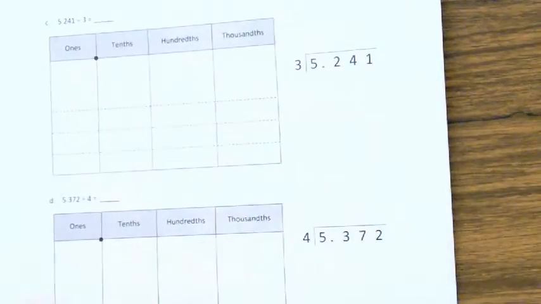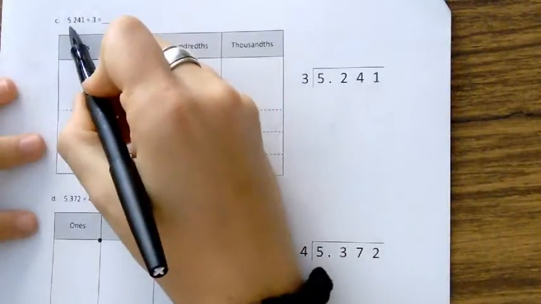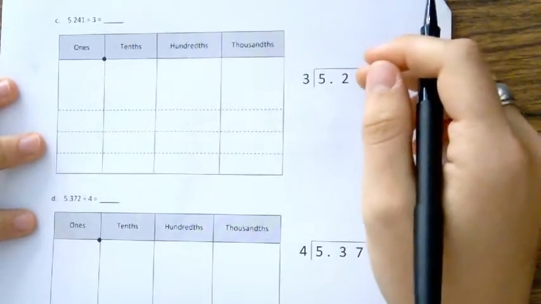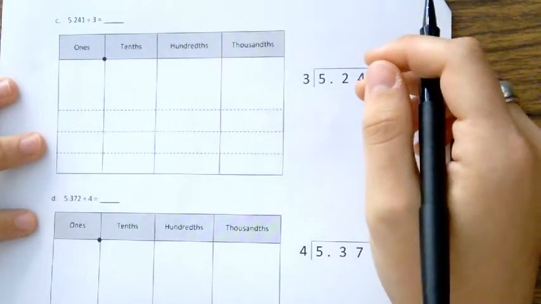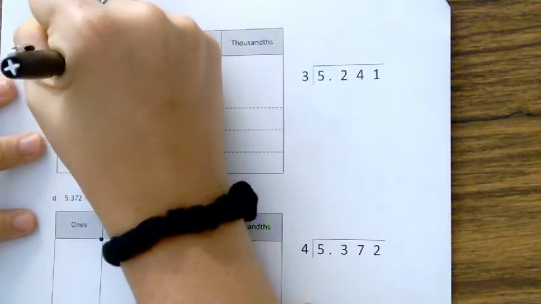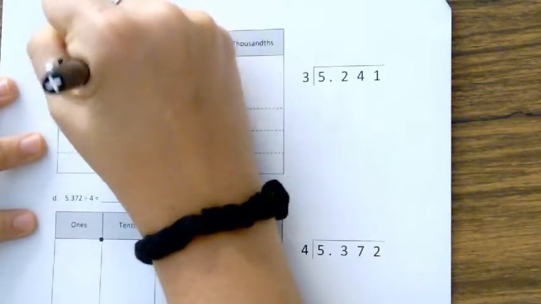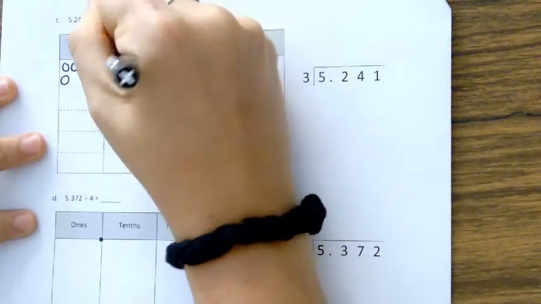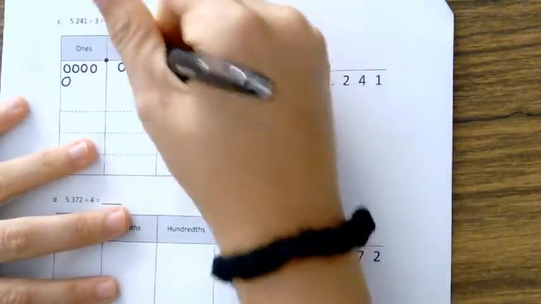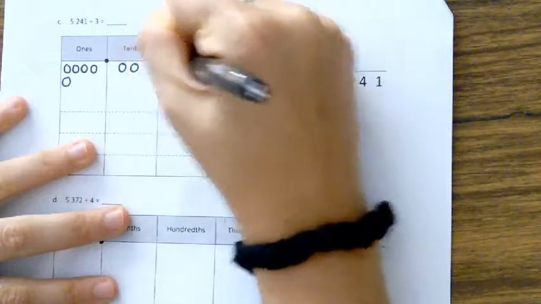So we have 5 and 241,000. So what I would like you to do right now is to put the discs on the place value chart. Ethan.